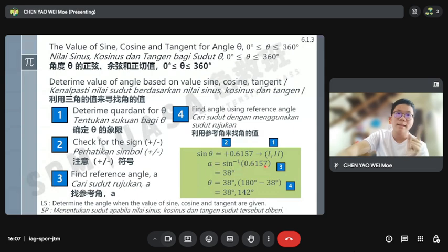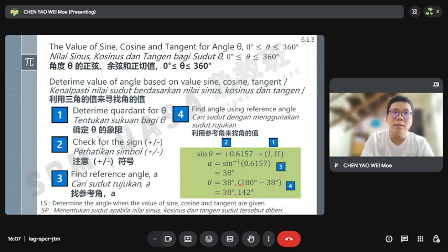Use the calculator and calculate the answer. Later on, you can find the angle. 38 is the first quadrant. Because we have two quadrants here, we need to find this for the second quadrant.